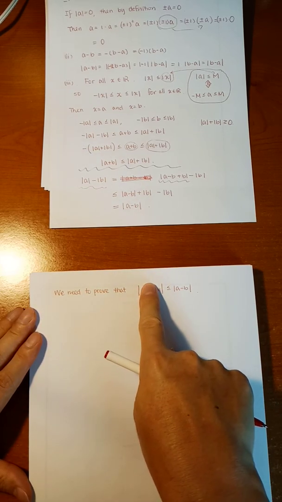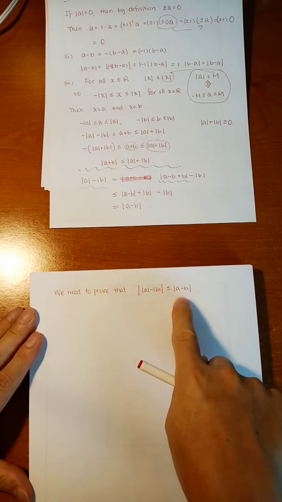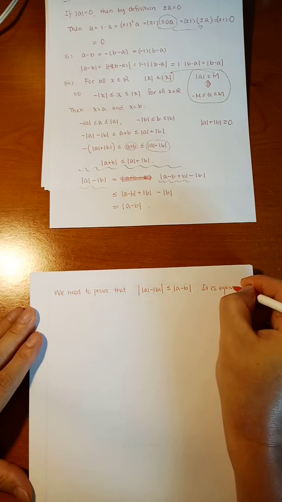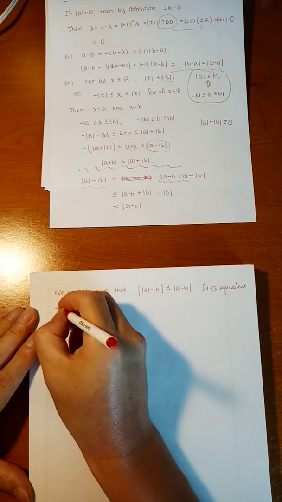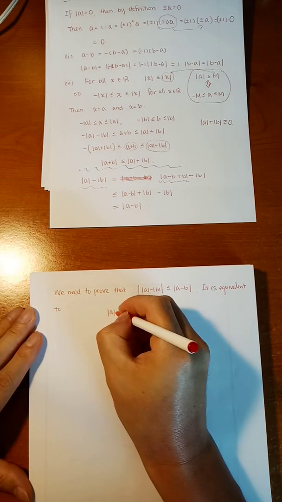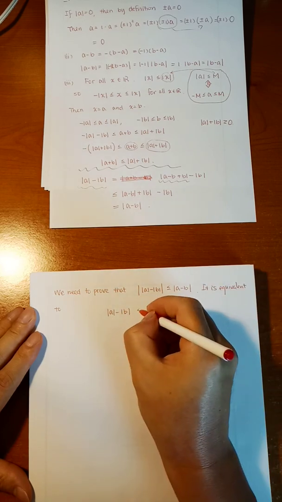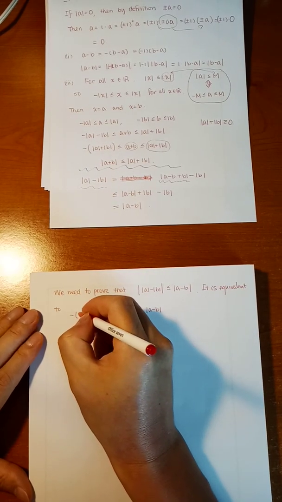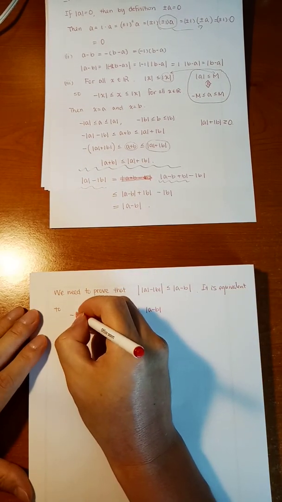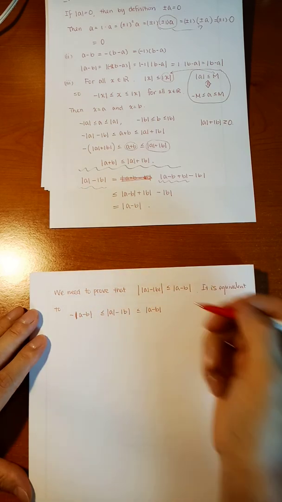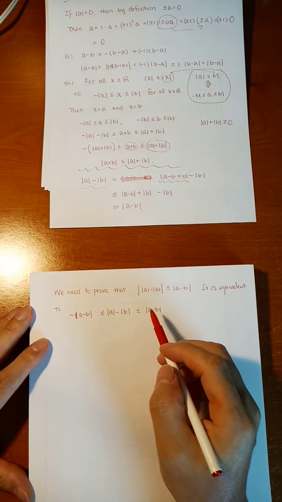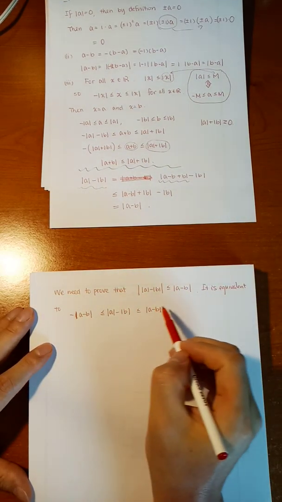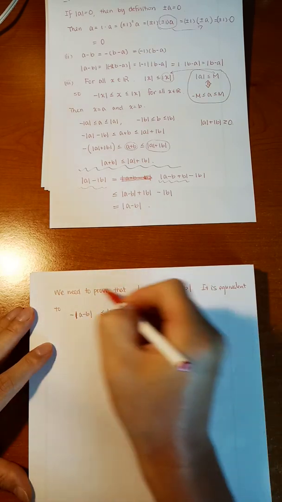And you consider this as a number, and this is capital M. It is equivalent to upper value of a minus upper value of b less than or equal to capital M, greater than or equal to negative capital M. Okay? Greater than or equal to the negative capital M. And this is what we need. The whole thing is what we need.